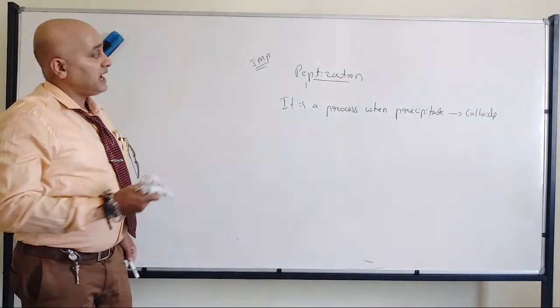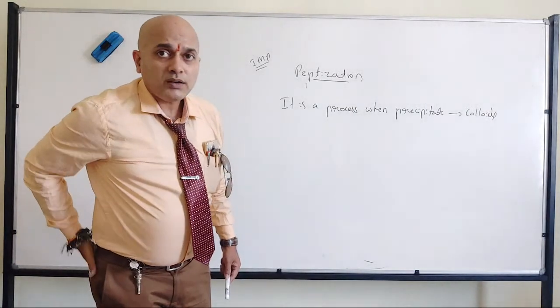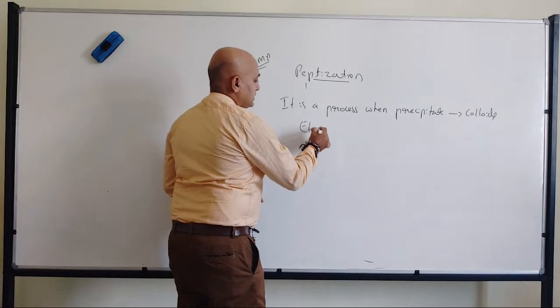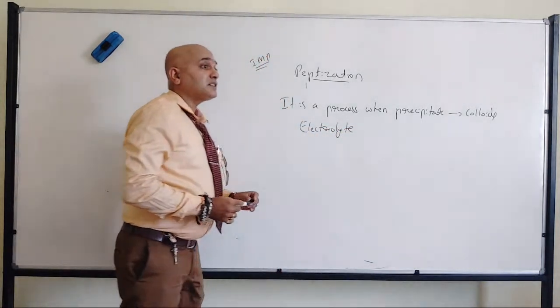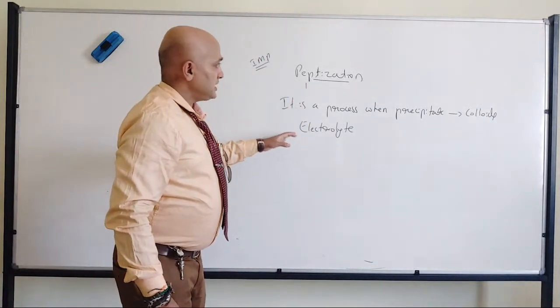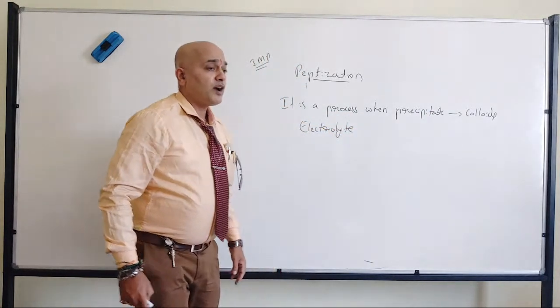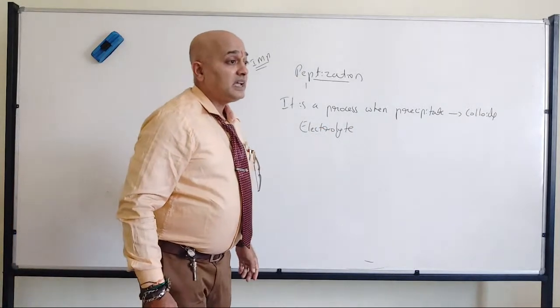So that's where we have the peptization process. Whatever peptization is there, it is a process of converting a precipitate into colloidal solution. Normally it will be done by adding electrolytes.